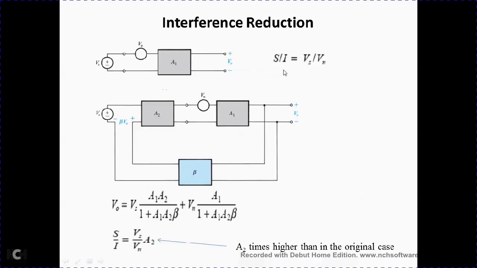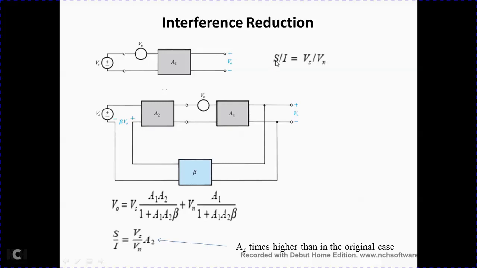That is measured by the signal to interference ratio, which is Vs by Vn, the signal input to the noise input, and its value must always be more. The more the value of signal to interference ratio, the better the system performance.